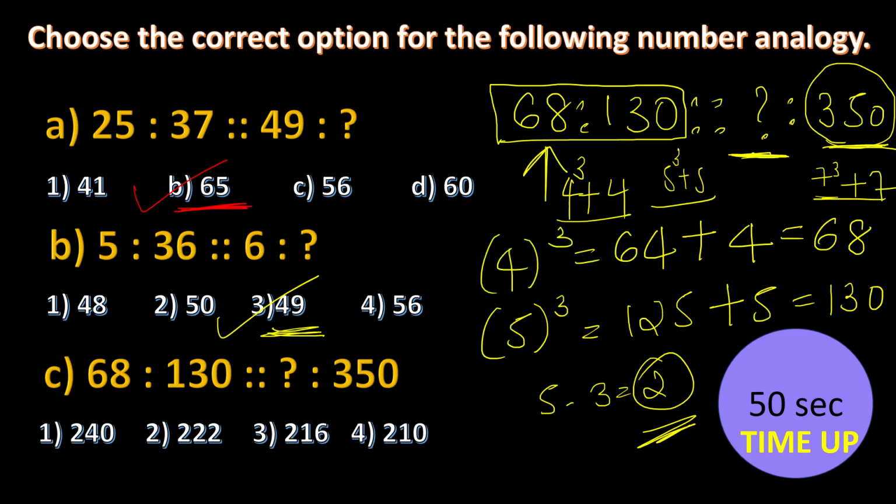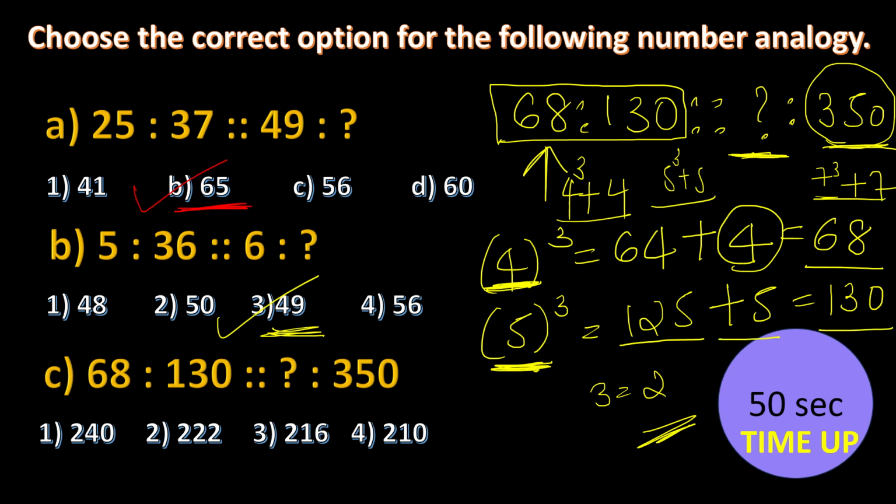So whatever number you have cubed, the same number you need to add. Then you are getting 68. Now 5 cube is 125, plus the same number you're adding, that is plus 5, will give you 130. So the 5 minus 3 logic will not work, because I had written 3 cube instead of 4 cube.